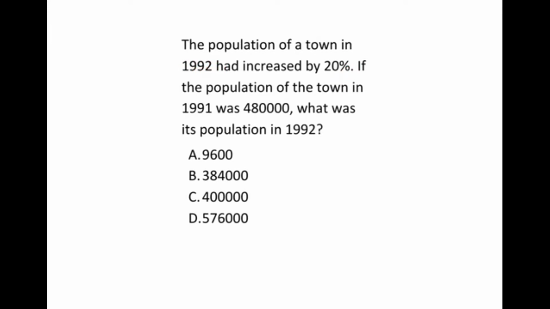Then we are told that in the year 1991, the population was 480,000. Then we are asked to give the population of the town in the year 1992. From there, we can proceed as follows.